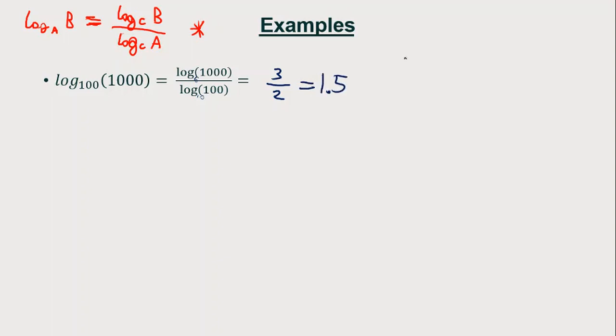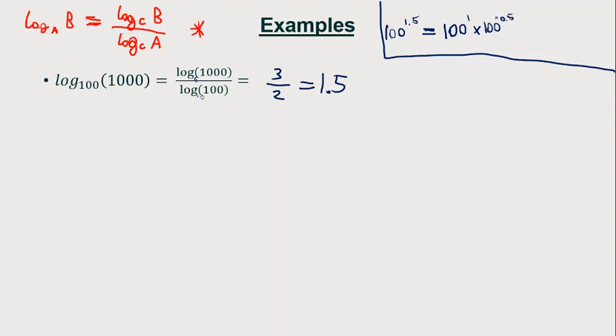And just to verify this really is the answer, because remember the question was what is the power of 100 that gives me 1000. If we had 100 raised to the power of 1.5, using the first law of indices, going back to the previous set of laws, I can break it down into 100 to the power of 1 multiplied with 100 to the power of 0.5.